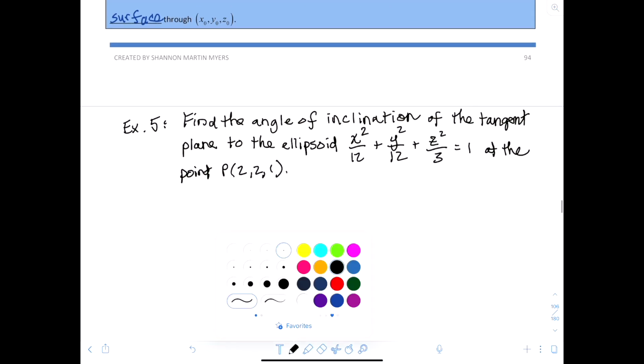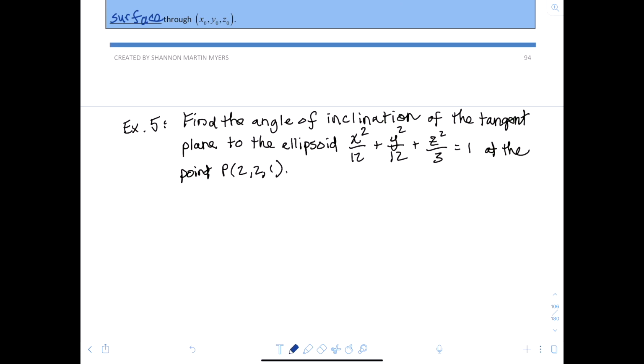All right, so what we would want to do is we can name capital F at x, y, z equal to x squared over 12 plus y squared over 12 plus z squared over 3 minus 1.